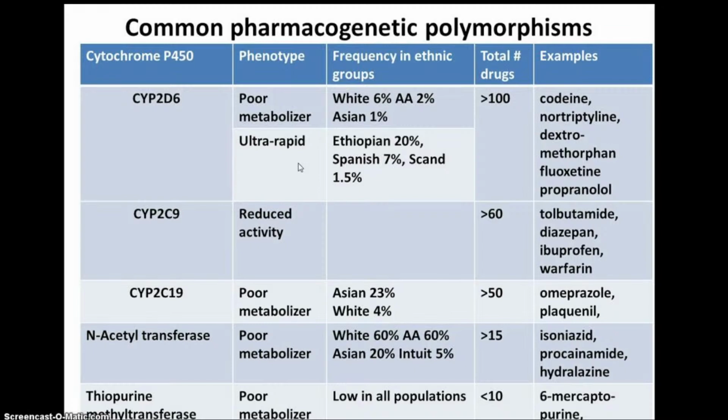So the polymorphism in cytochrome P450 causes different responses of people to the use of different medicines.